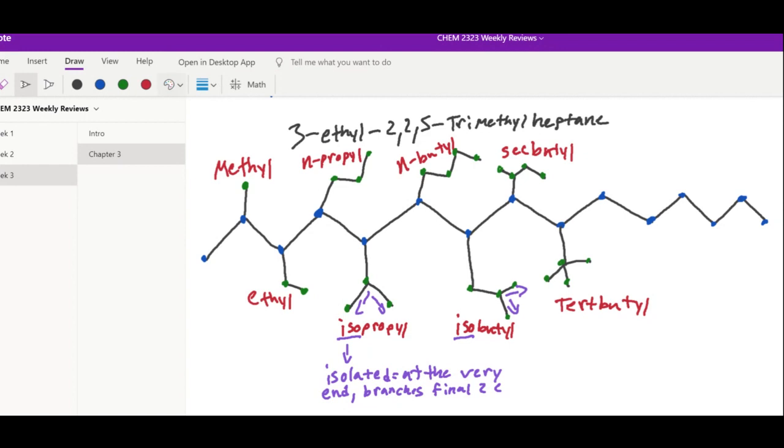Okay, so for sec-butyl, sec means secondary. Okay, so secondary means that at the beginning, it branches off.